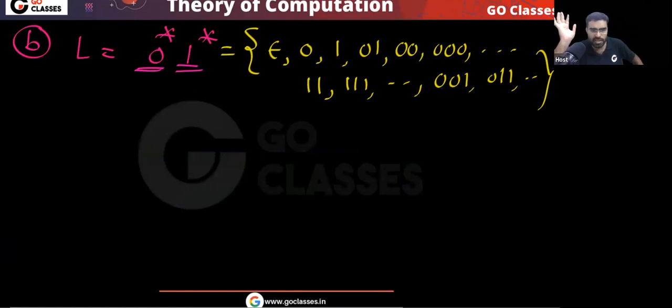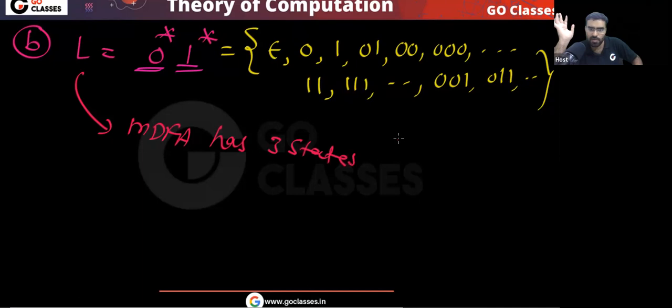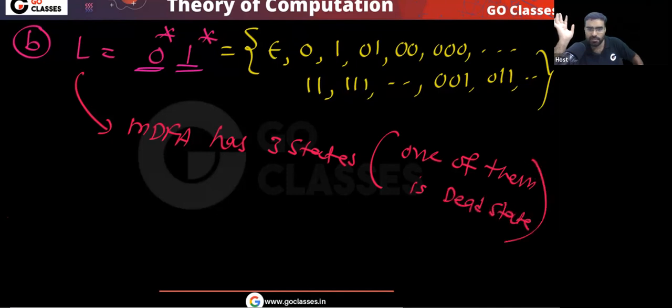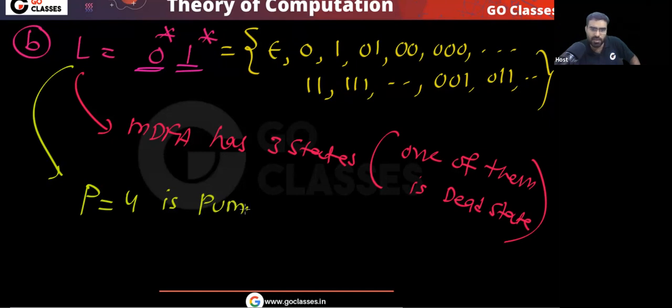Yes. For this language, the minimal DFA has 3 states, and one of them is a dead state. So there is a guarantee. Can I say p equal to 4 is a pumping length for this question?